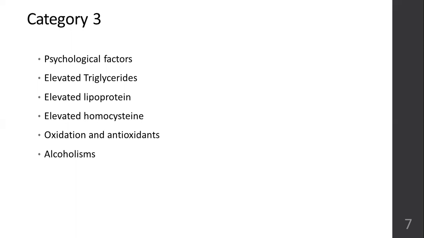And then elevated lipoprotein. Too much lipoprotein in your blood. Lipoprotein is supposed to move the fats in the blood circulation. Because of lipoprotein, the fat will not be deposited in one area. Lipoprotein will make sure that fat keeps moving. Fat cannot move in your blood circulation as it is.